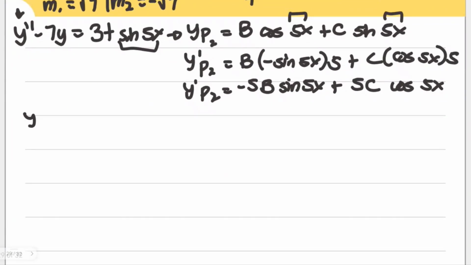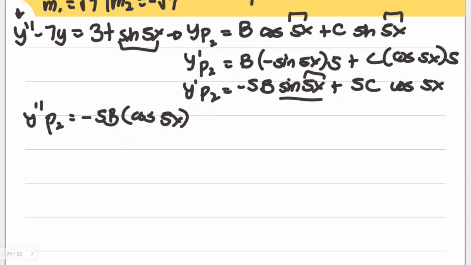So for our second order of y sub p sub 2, negative 5b as constant, the derivative of sine is cosine 5x times again the derivative of the angle 5 according to chain rule, plus 5c, the derivative of cosine 5x is negative sine 5x times again the angle, which is 5.